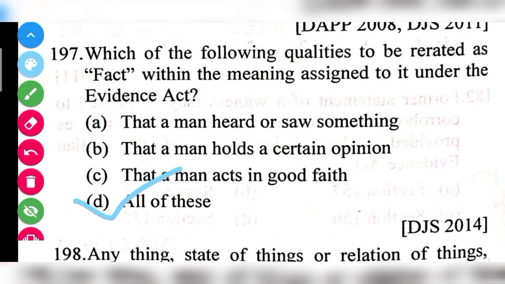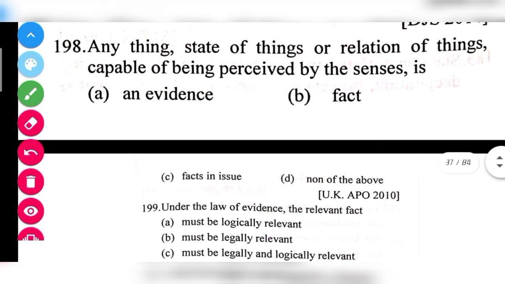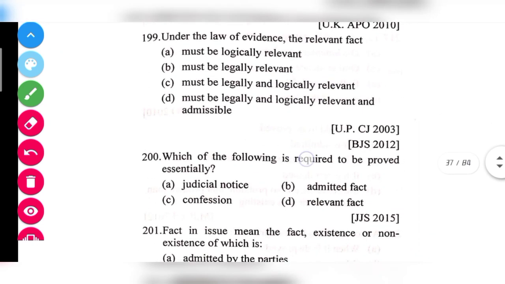Anything, state of things or relation of things capable of being perceived by the senses is. Answer is B. 199. Under the law of evidence, the relevant fact. Answer is option B.